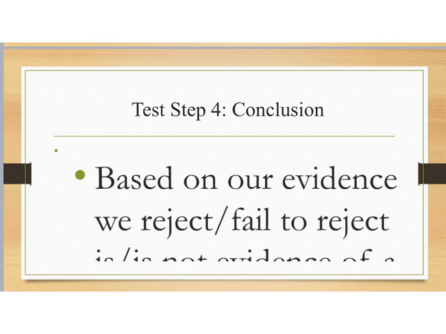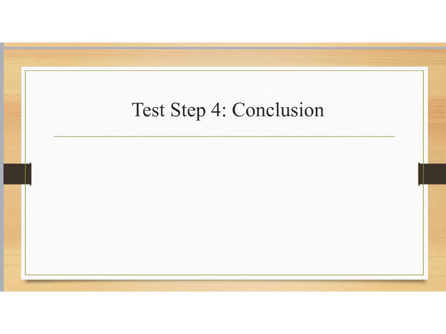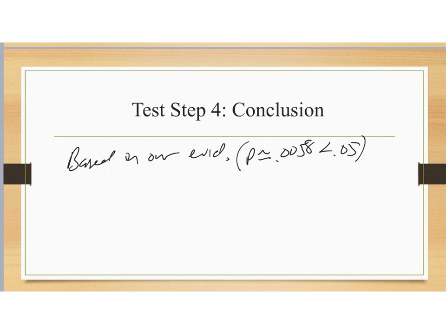That's where our final conclusion comes into play here. So we would say, based on our evidence, which was a p-value of about 0.0058, that was less than 0.05, we reject the null hypothesis that they were equal.